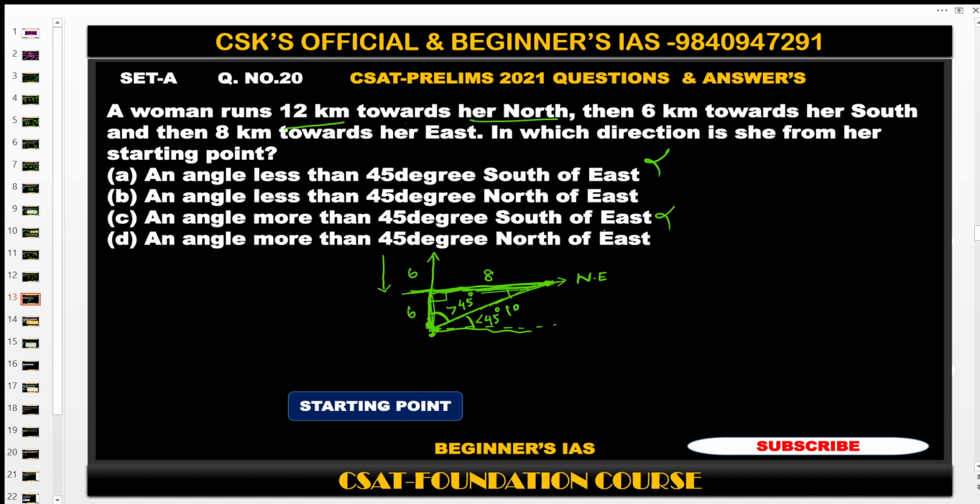How is it more? Just now I explained this concept, greater than 45 degrees, lesser than 45 degrees. So this is the reference. From this position, if the angle is considered less than 45 degrees, then this is the answer for this question, right?